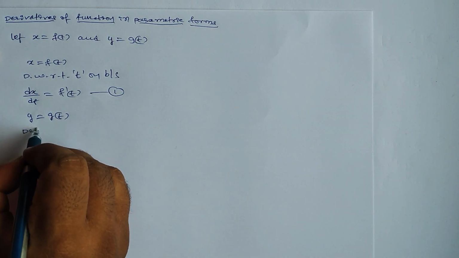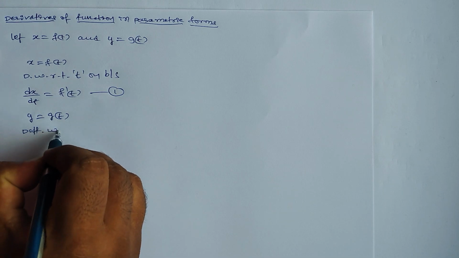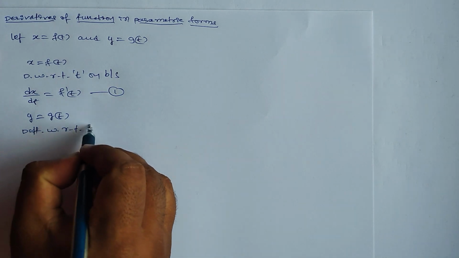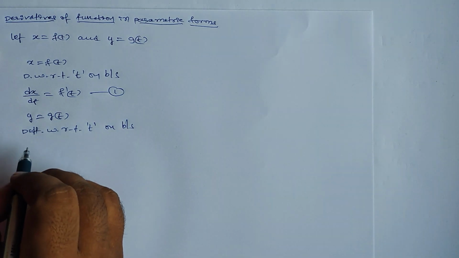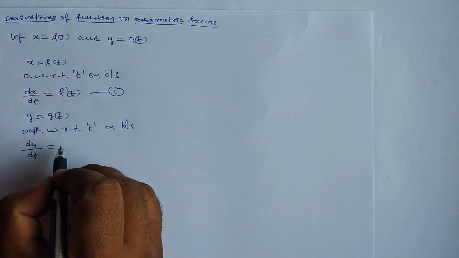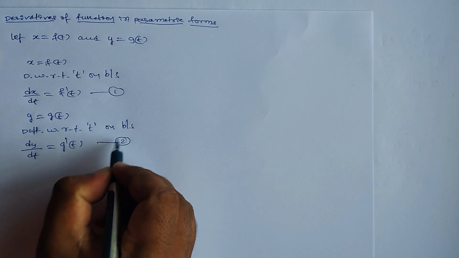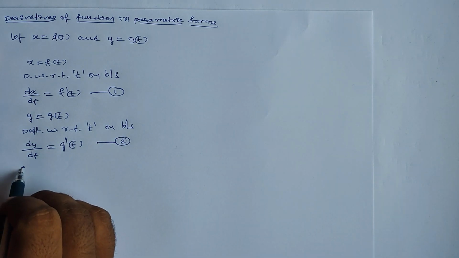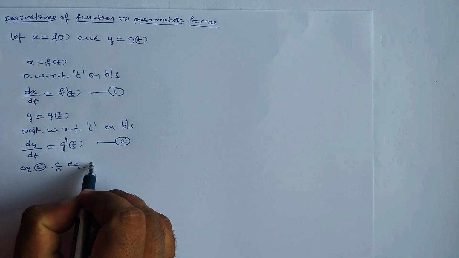Again differentiate with respect to t on both sides. That becomes dy by dt equal to g dash of t. Say equation number 2. Next, what we have to do is equation number 2 divided by equation number 1.